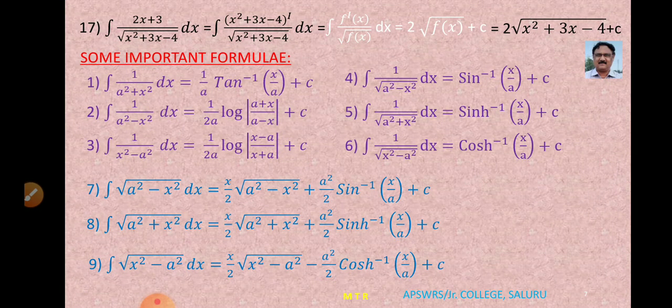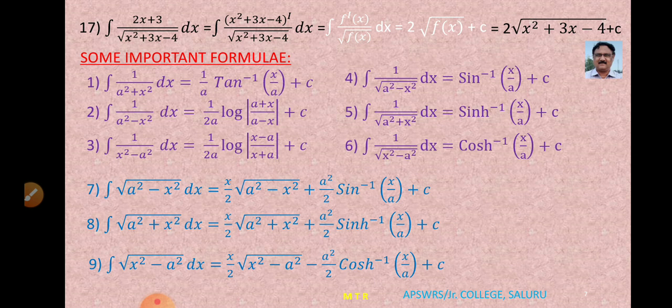Now by using the second formula, integral f dash of x by root f of x is 2 root of the denominator. You observe this problem, 17th problem. Integral 2x plus 3 by square root of x square plus 3x minus 4 dx. Here clearly the derivative of the function in the root is the numerator. The derivative of x square is 2x.